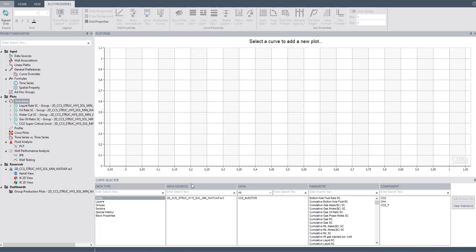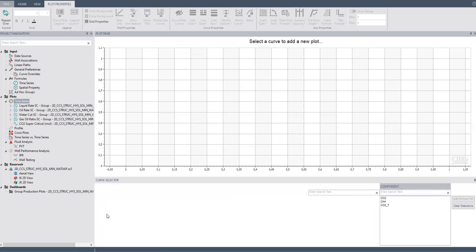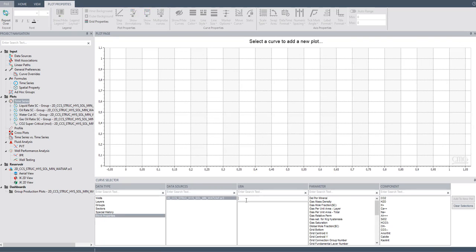So block properties, 1 1 20. Let's see gas mole fraction of H2O.